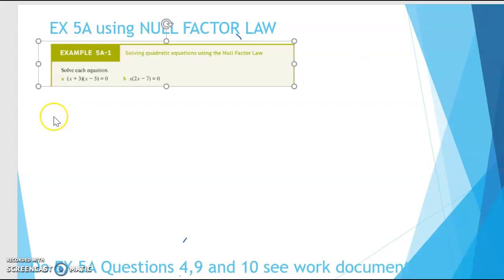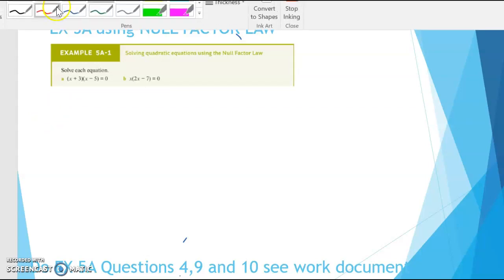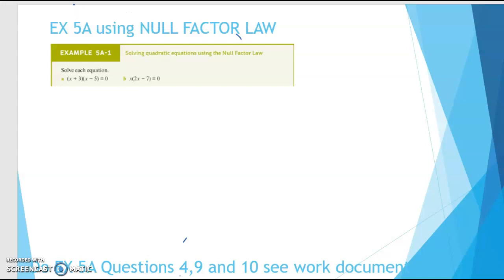So we had x equals negative 3 and x equals positive 5, and you may see exactly what that is. It's simply the opposite.